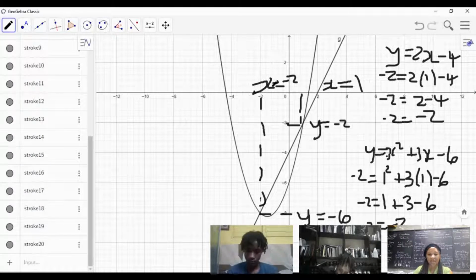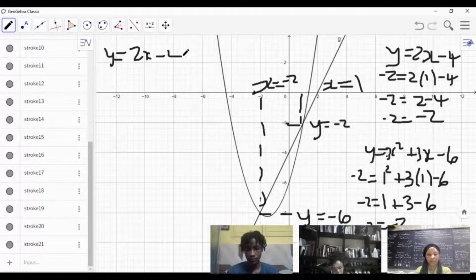Let's see if x is -2 and y is -6. So again, y is equal to 2x minus 4. Plug in the values for me.